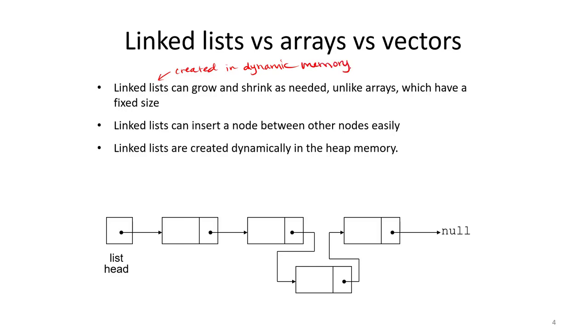And what this means is, since we've created it in the dynamic memory, linked lists can grow and shrink as needed while our program is running. Remember, this is different than for arrays. Remember, typically we need to declare the size of our array ahead of time.